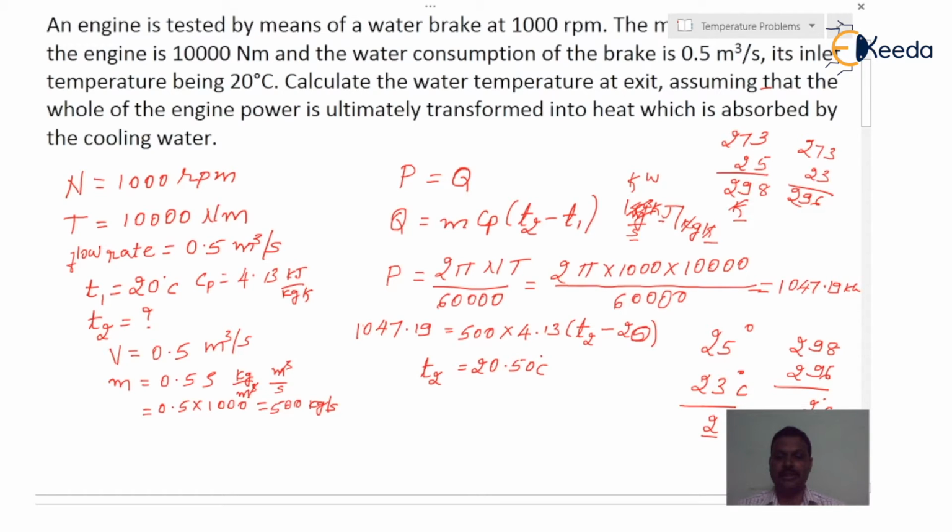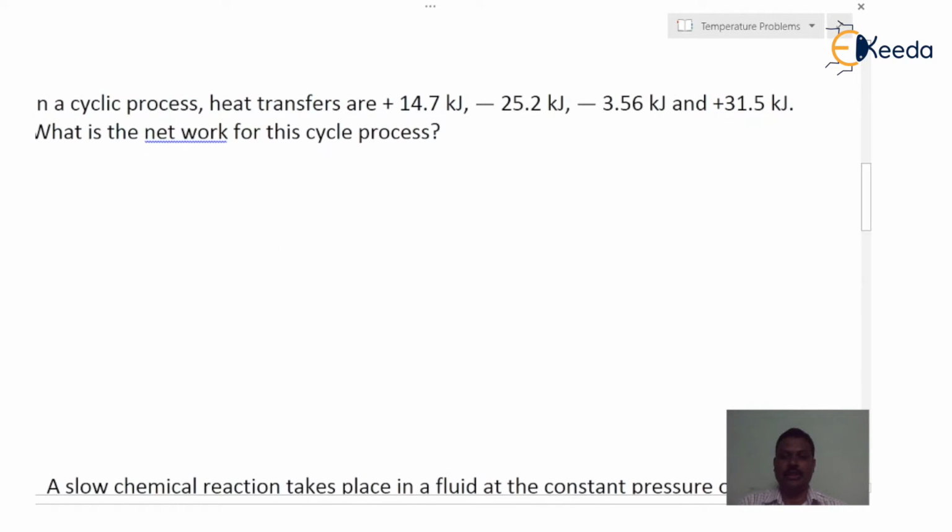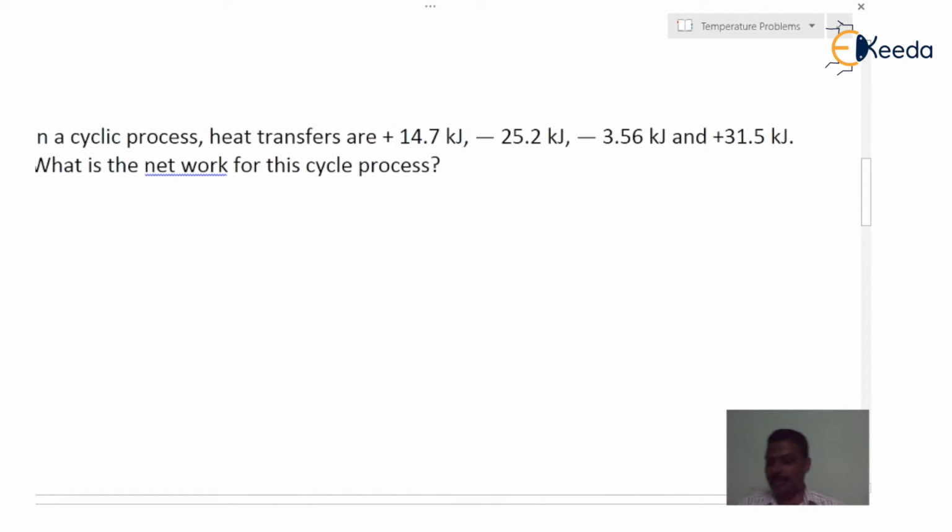Since the difference is the same in both degree Celsius and Kelvin, this does not make any difference. So finally T2 is 20.5 degrees Celsius.